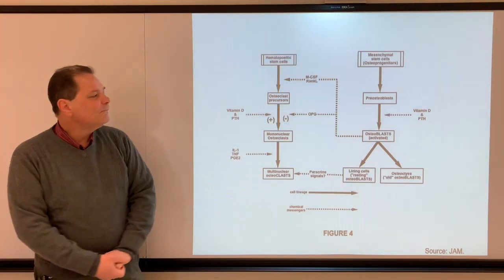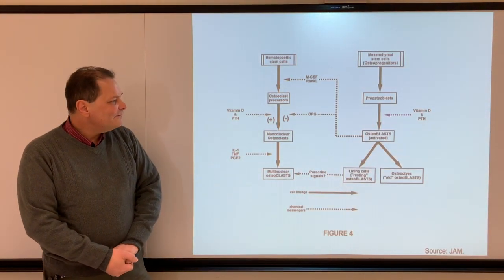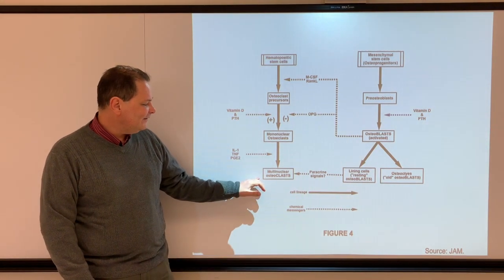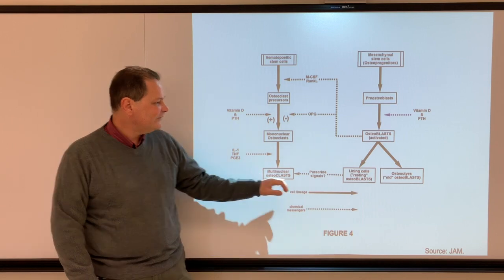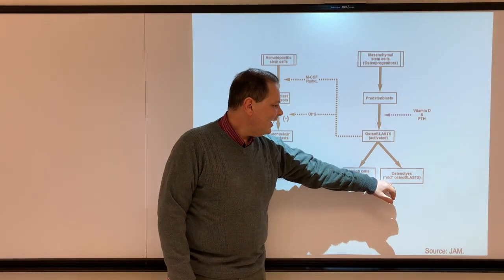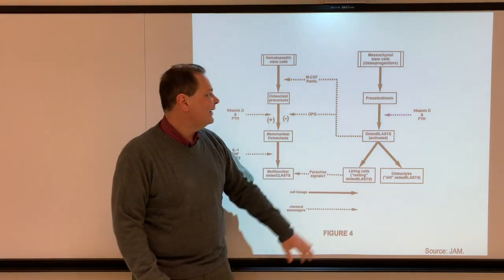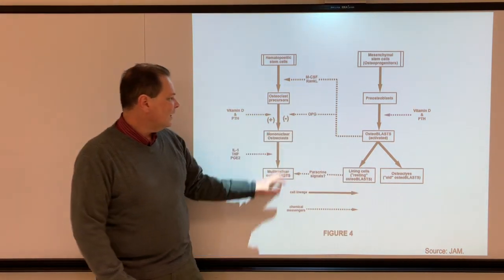It turns out that, in fact, when you have high bone breakdown through high activity of osteoclasts, you also have high bone formation through stimulation of osteoblasts. Remember this chart.